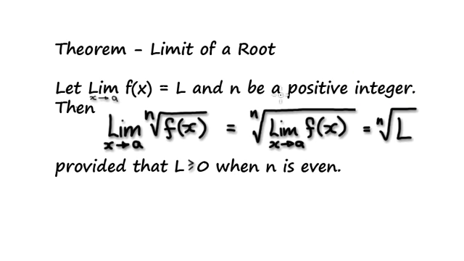Okay, if n is a positive integer, what this is saying is, when you try and find out the limit of this here, you can actually break into the root and just find out the limit of this.